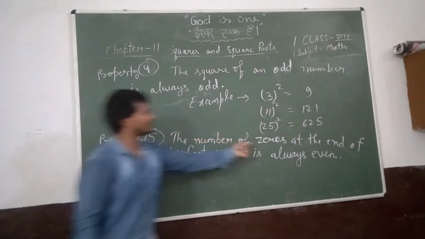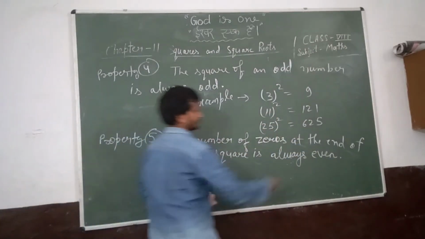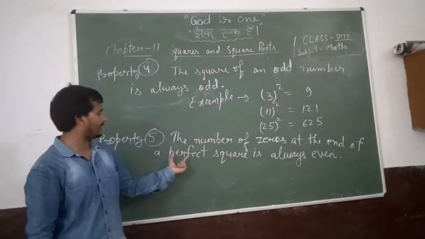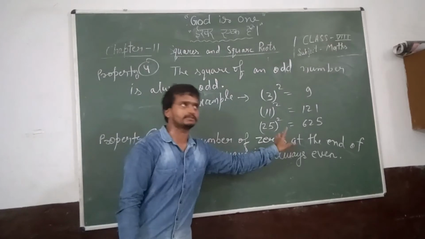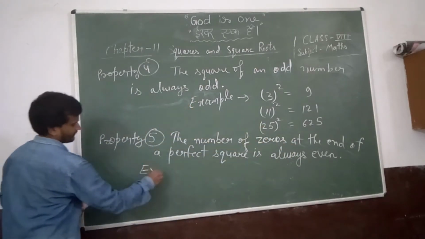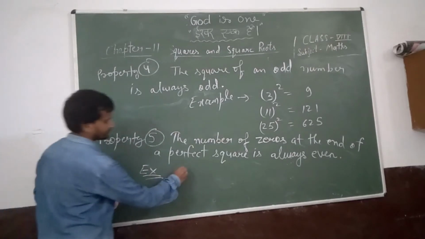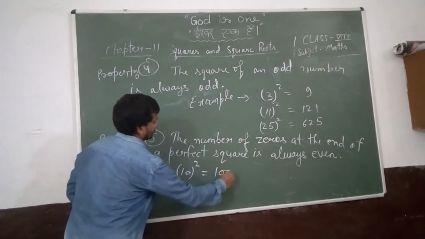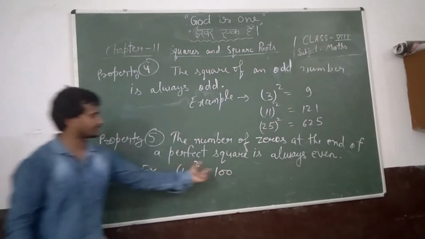The number of zeros at the end of a perfect square is always even. For example, square of 10 is 100.